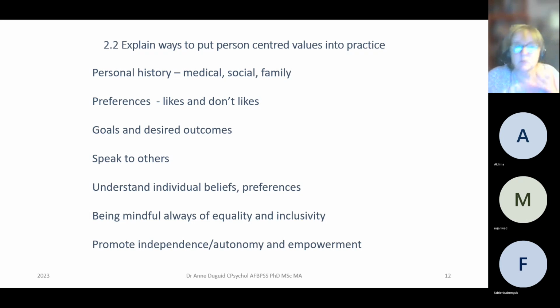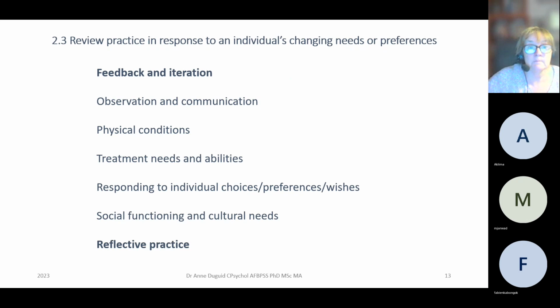Why are we doing it? Because we want to promote independence, we want to promote autonomy, and we want to empower everyone that we work with. We want to make sure that they are able to be the designers in their own lives. It's not just about us, and them falling behind.